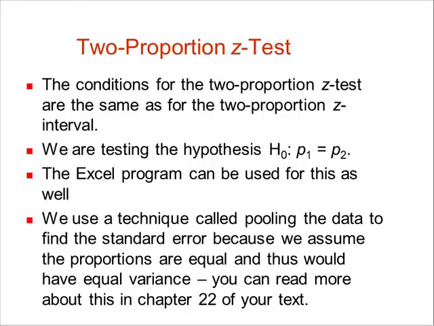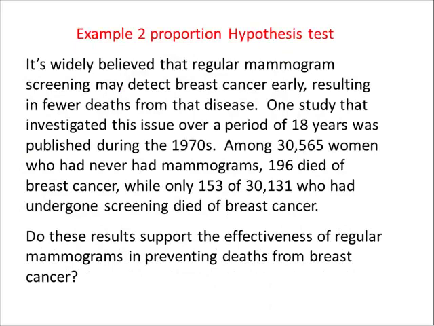What's interesting is that we use a technique called pooling the data to find the standard error, because we're assuming that the proportions are equal and thus would have equal variance. And you can read more about that in chapter 22 of your text. But when I wrote the Excel program, I assumed that you have pooled variances. So let's look at an example.